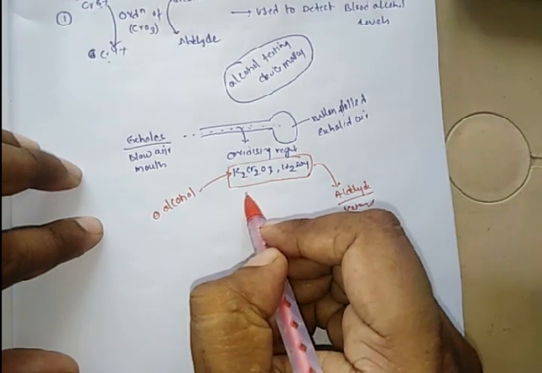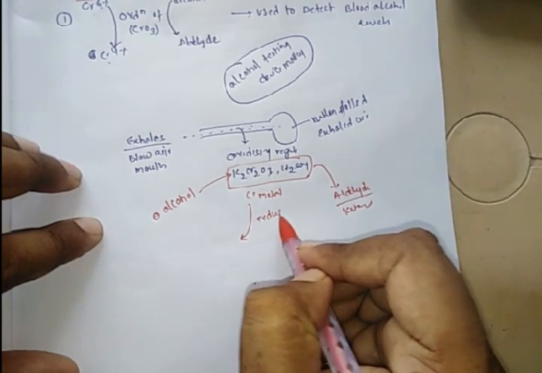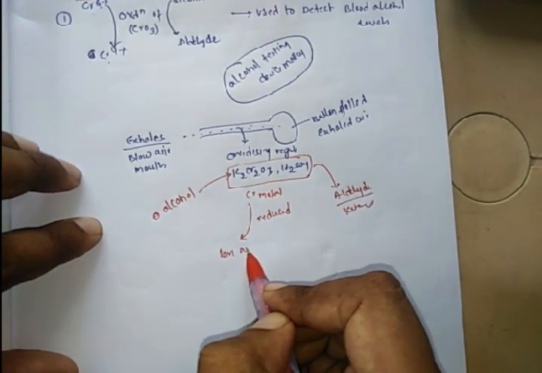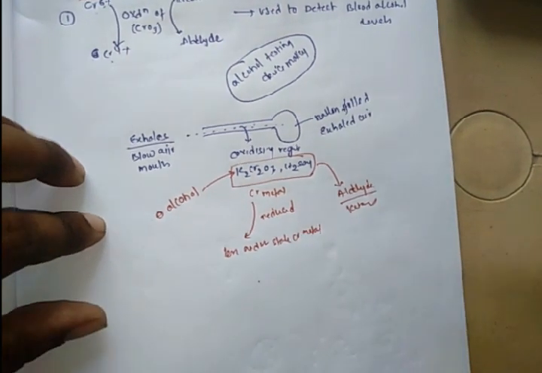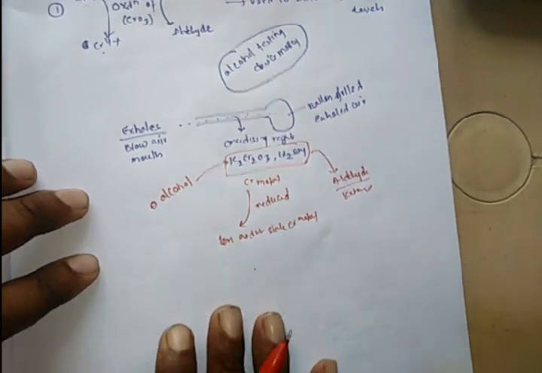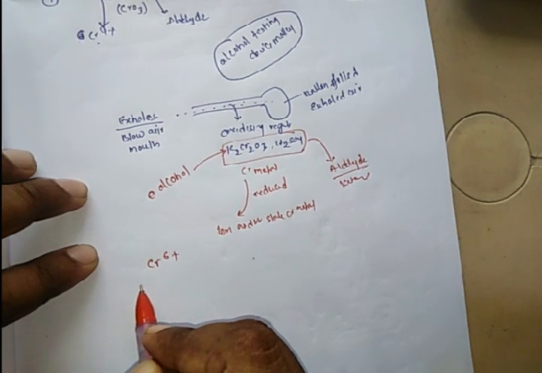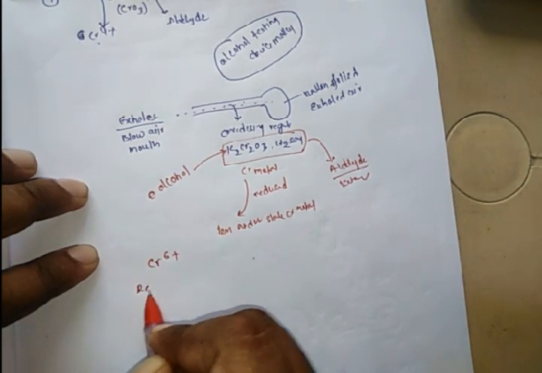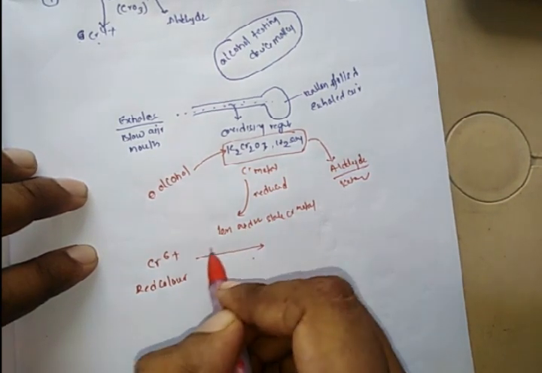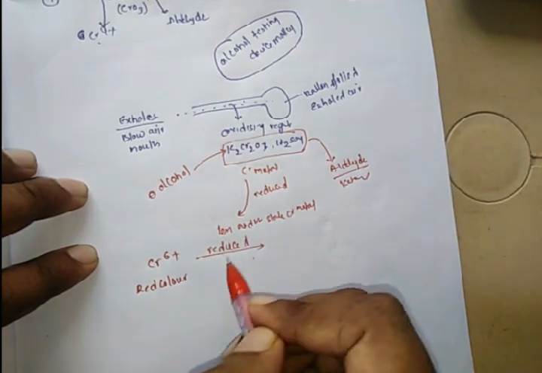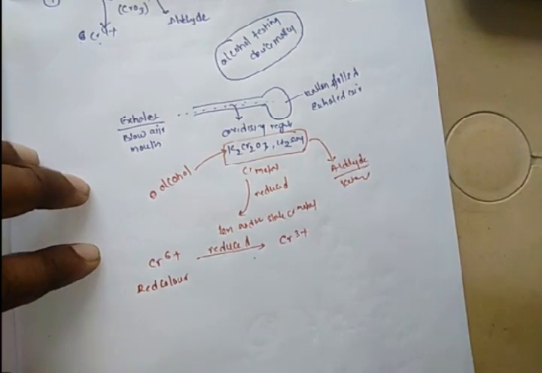as well as this chromium metal will be reduced to a lower oxidation state chromium metal. The color of this Cr6+ is red. Whenever this chromium metal is reduced, the color of the produced lower oxidation state chromium is green.